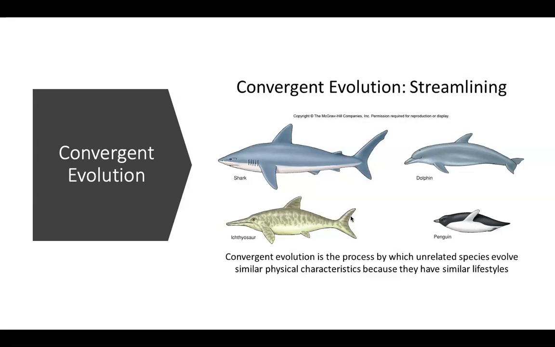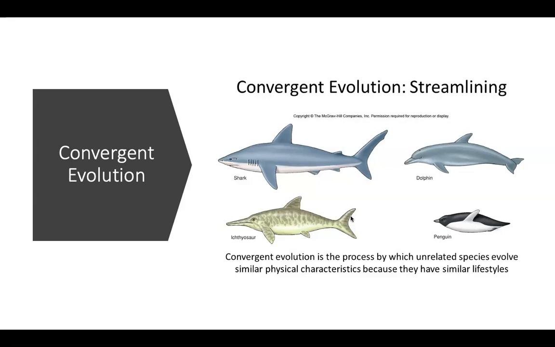And then there is convergent evolution. Convergent evolution was an idea that Darwin came up with to explain why organisms that are not closely related might have similar features. And this really reinforces that idea that the environment drives a lot of these processes. So here we have a picture of a shark, a dolphin, a penguin, and an ichthyosaur, which is a sort of dinosaur, reptile, fish-like structure, a bit like a precursor to a crocodile, if you like.